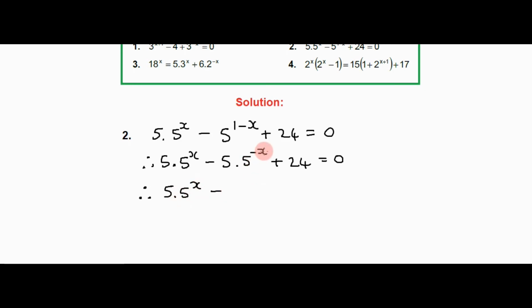We're going to take the 5 to the negative x into the denominator as 5 to the positive x. Now we can get rid of the fraction by multiplying through by the LCD. Now we have in the first term 5 times 5 to the x times 5 to the x is 5 to the 2x when we add the powers.